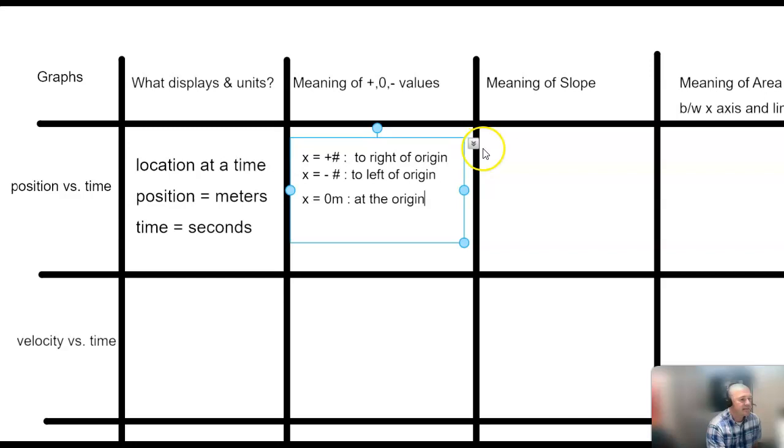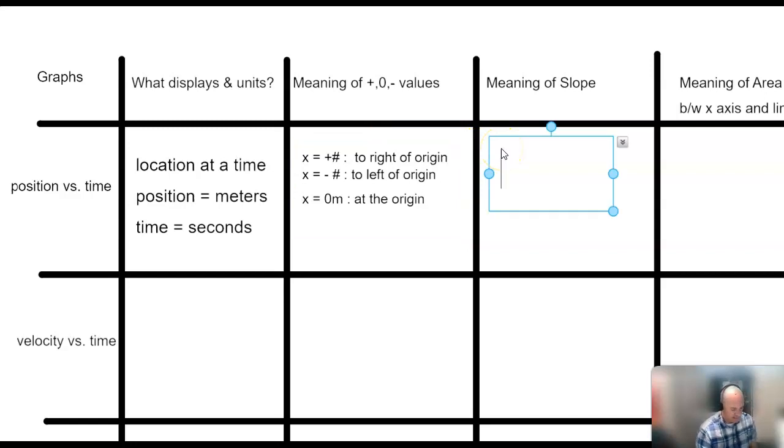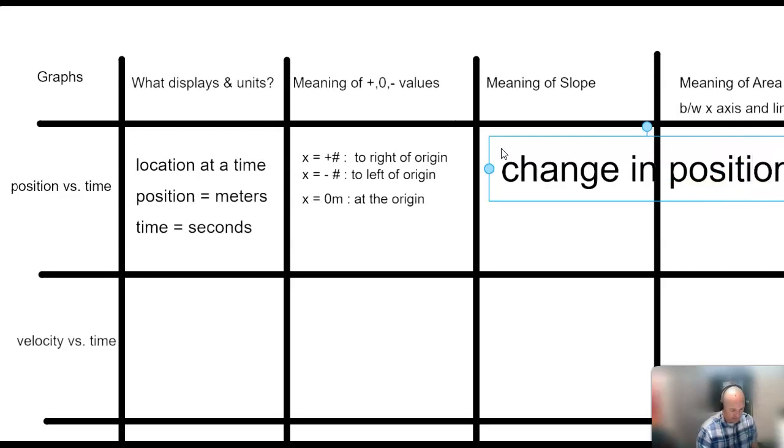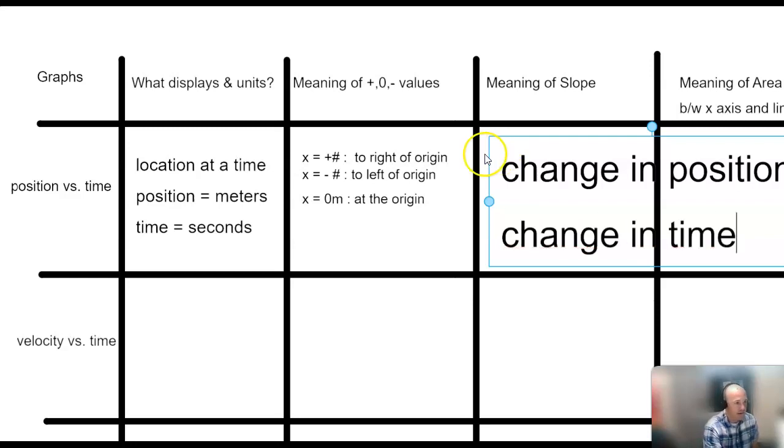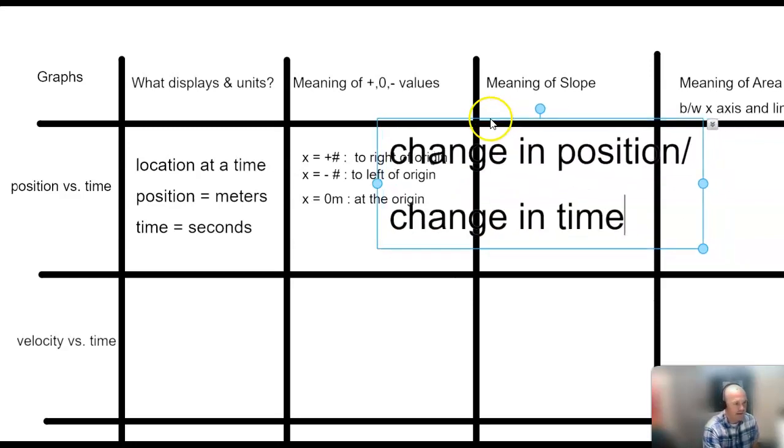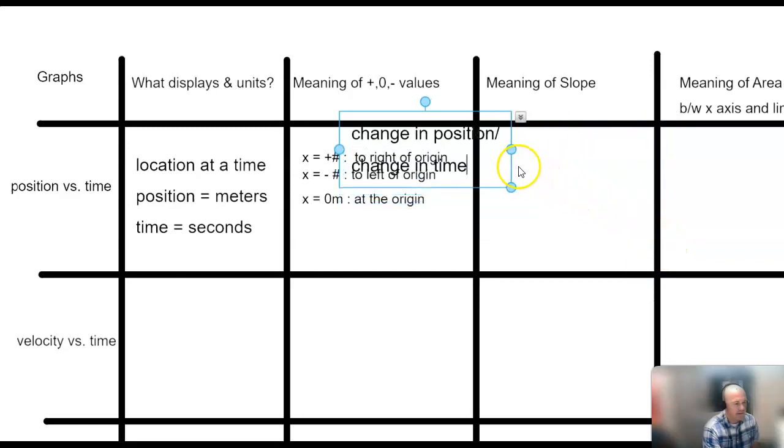For the slope of the line, slope is just rise over run. So it's the change in position divided by change in time.